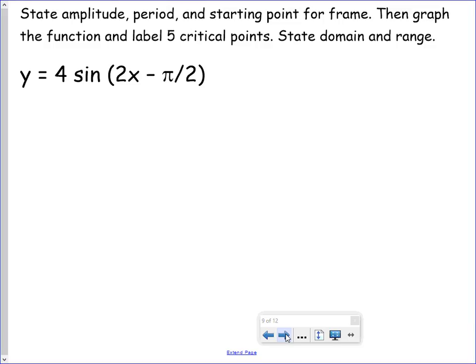Okay, lean over to that buddy sitting right next to you. Share your amplitude, period, and starting point.